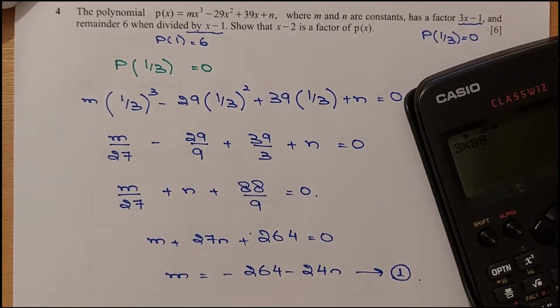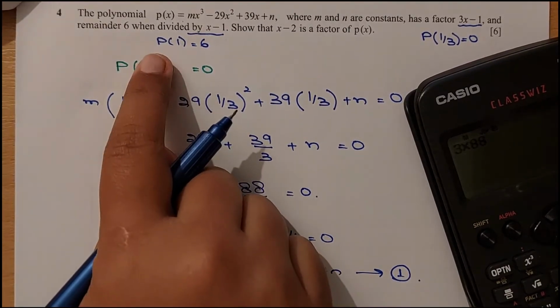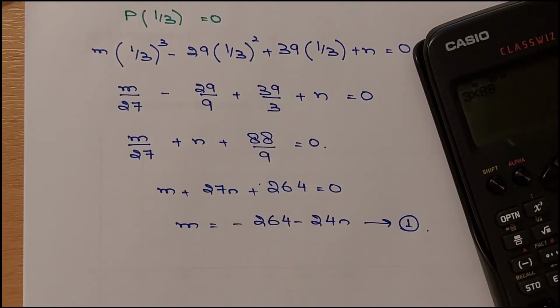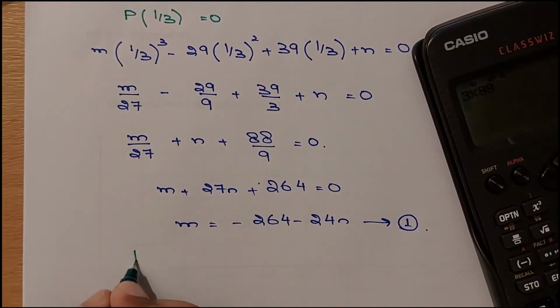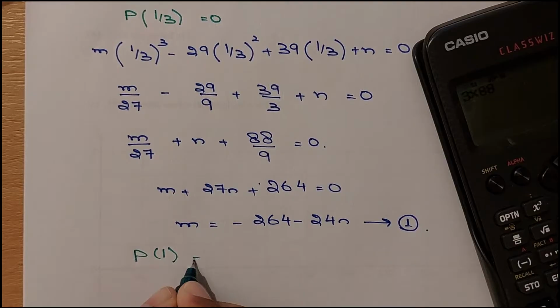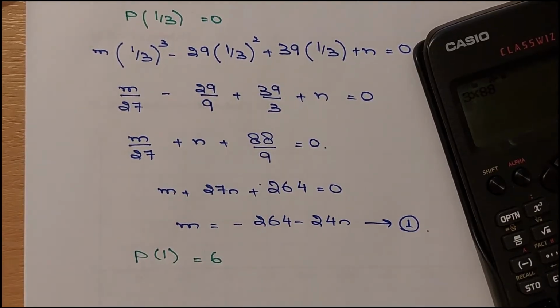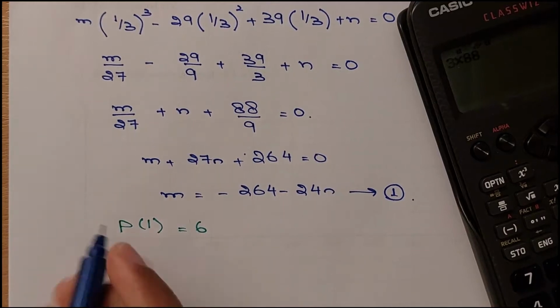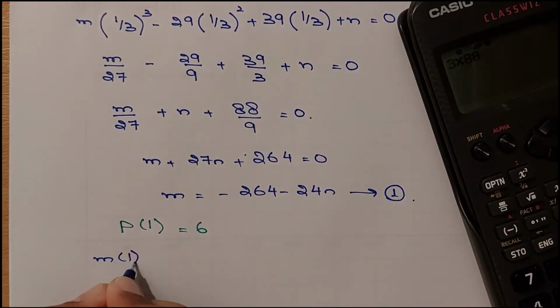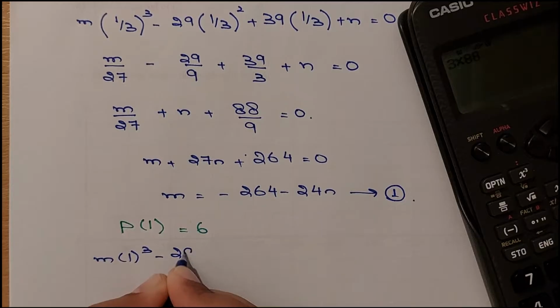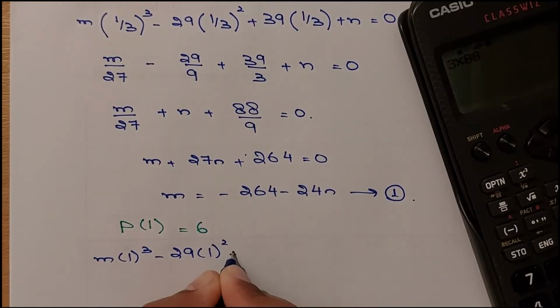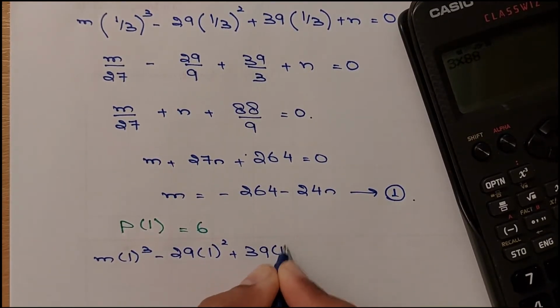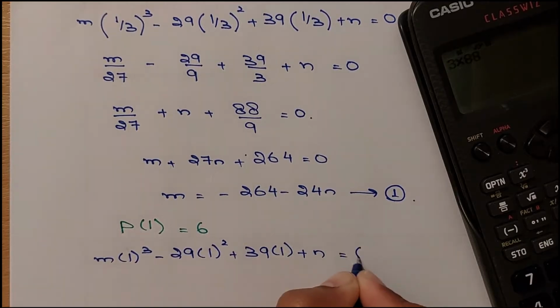Now using the second piece of information, we have p of 1 equals 6. Let's do this. When p of 1 equals 6, just substitute the variable x equals 1. So we have m times 1 cubed minus 29 times 1 squared plus 39 times 1 plus n equals 6.